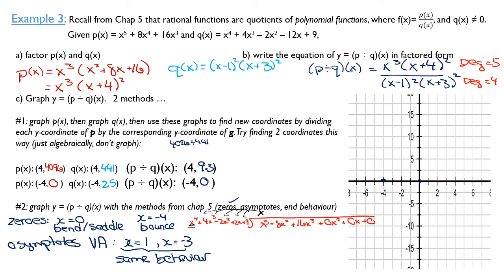So I multiply it back down, and I have x to the power 5 plus 4x to the power of 4 minus 2x cubed. Oh, that's a minus there. I could barely read my own writing. That is a minus 12x squared and plus 9x.